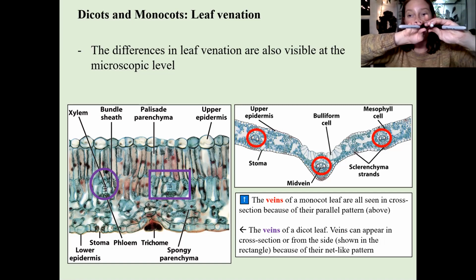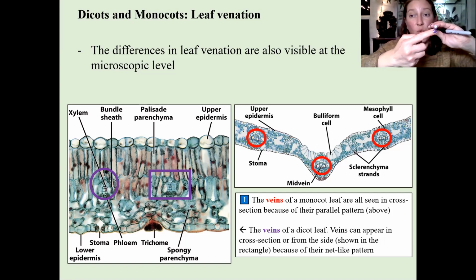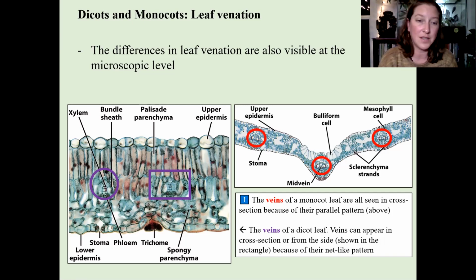You can't see the whole vein. You can see the whole vein of this one because that one is pointing at you, but the other ones are going off to the side because they're not parallel. That's what this is trying to show you in the purple circle.